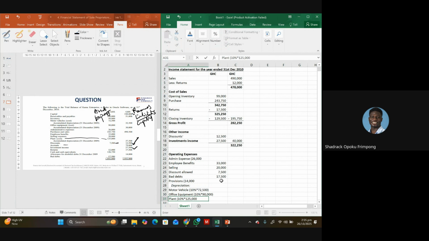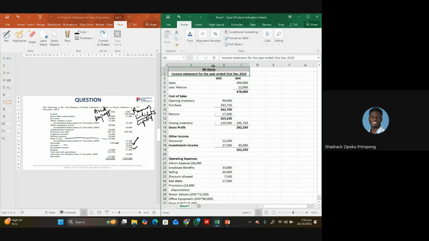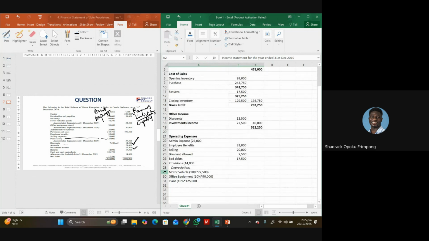I think the additional information also said something about the plant. So let's just make it open. We may have to do a few things. I think that should be all for our operating expense.